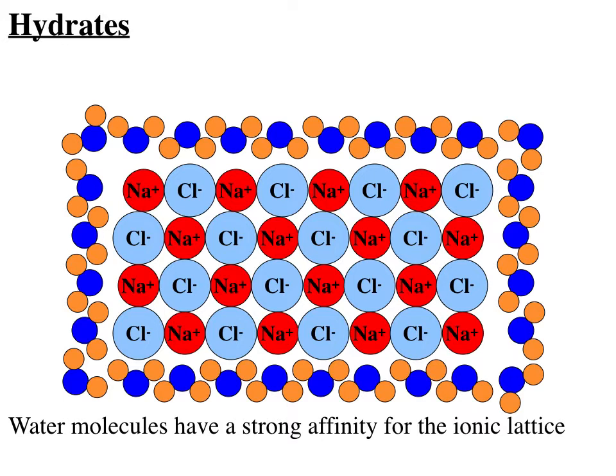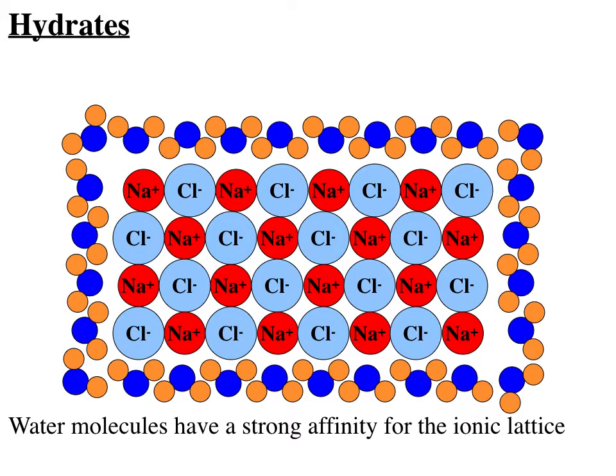This not only dissolves the sodium chloride in the solution, it also does what we call dissociate the ionic lattice, or literally pull it apart into individual plus and minus charges.